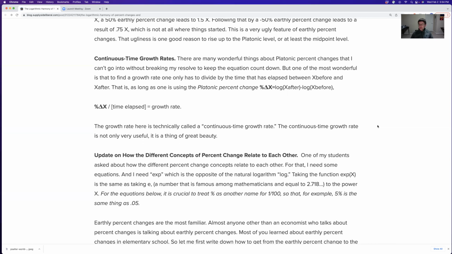You can either take a doubling and say, oh, that's a 70% Platonic change, and divide by the length of time. Or you can take a length of time multiplied by a percent per year, and you can figure out how many doublings you get or how long it takes to double.